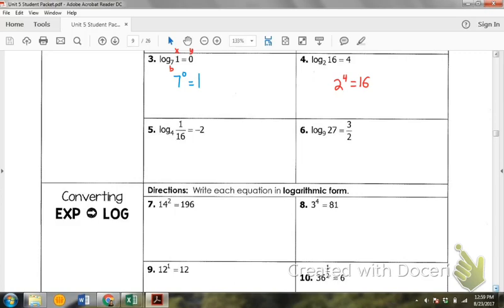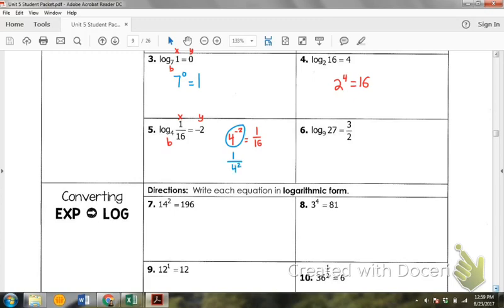We're just rewriting it. All right, so on number 5, here's my b, my x, and my y. If I do 4 to the -2 power equals 1 over 16. Now let's talk about that. If I were to solve this out and double check that this is true, anything raised to the negative power means I'm flipping it upside down, right?